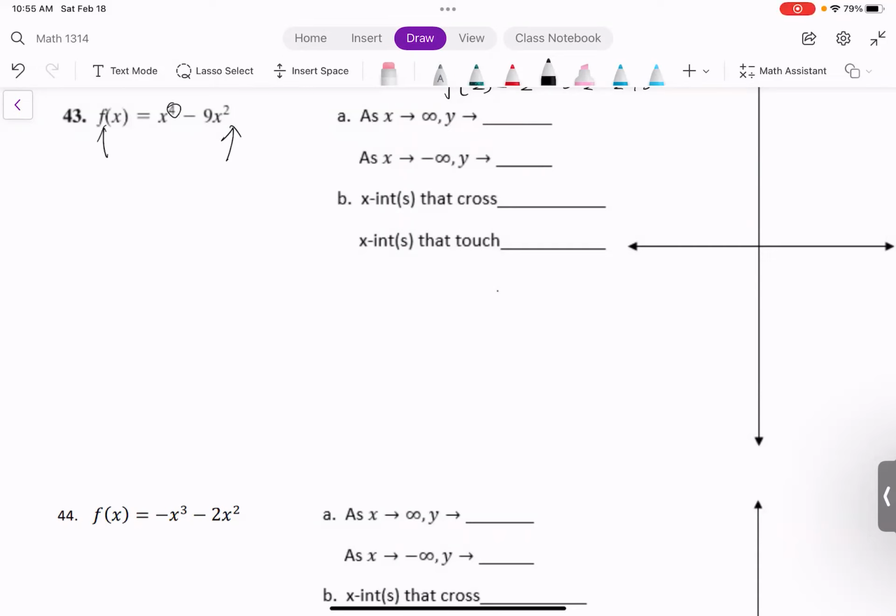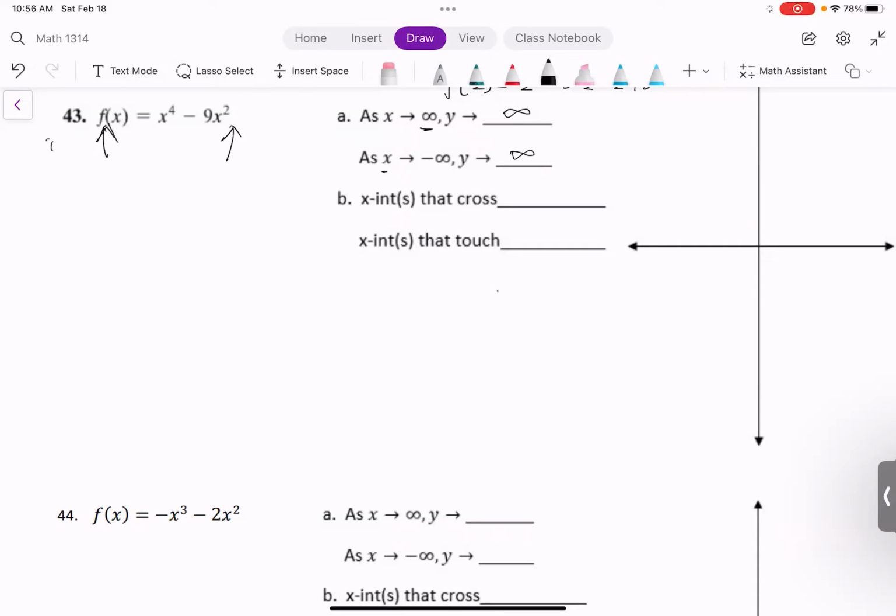They have the same behavior on the left. Second step, find the x-intercept. Before that, let's fill out the blanks here. As x approaches infinity, y approaches infinity because it's going up. As x approaches negative infinity, y approaches infinity, because they all have the same behavior going up.